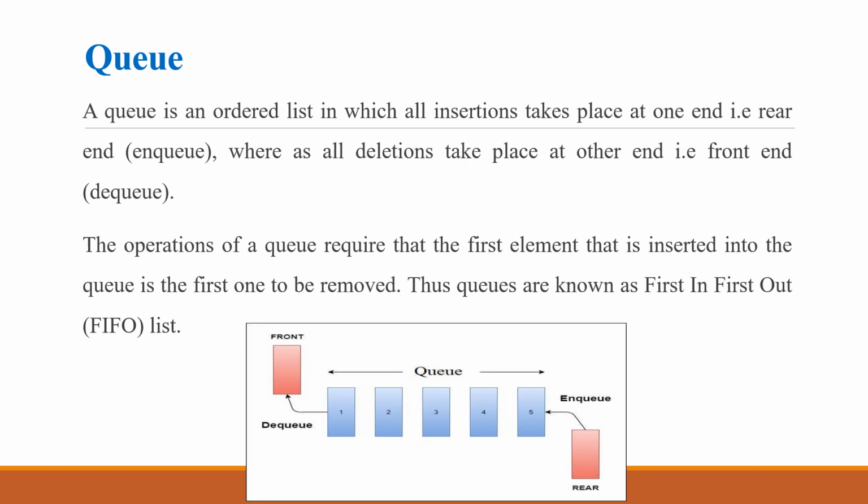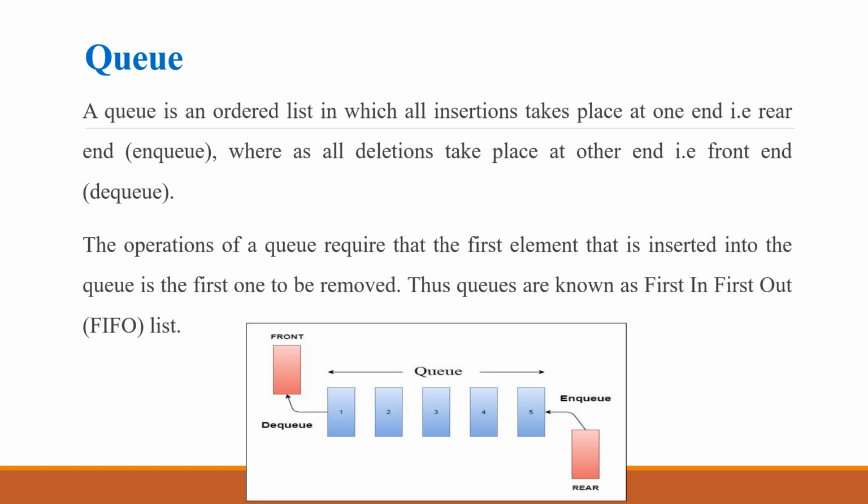So the queue consists of the elements 1, 2, 3, 4, 5. Elements are inserted at one end. That end is called the rear end. We also call it NQ.